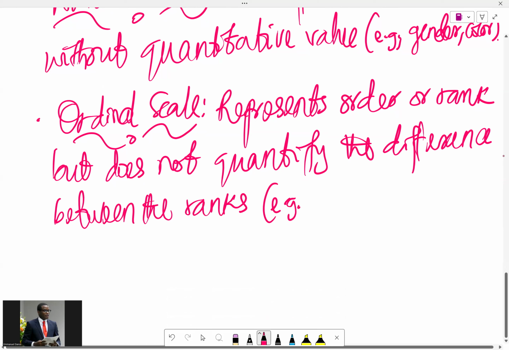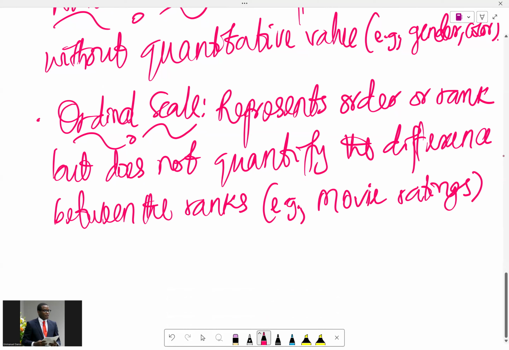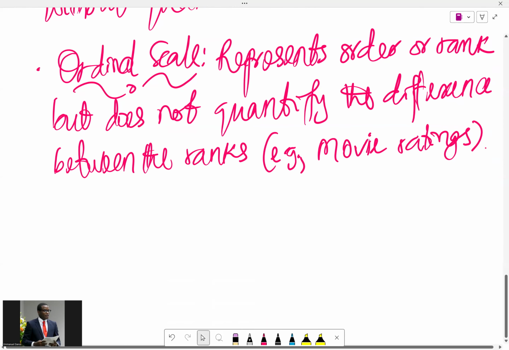For instance, you can talk about movie ratings, or even music album ratings. The first and second, there's no way to quantify, right? Maybe the first one has 3 million streams, the second may have 2 million streams, and the third one can now have like 500,000 streams. You can see that there's no representation that goes according to normal numbers. So that's ordinal. You cannot really quantify the difference.